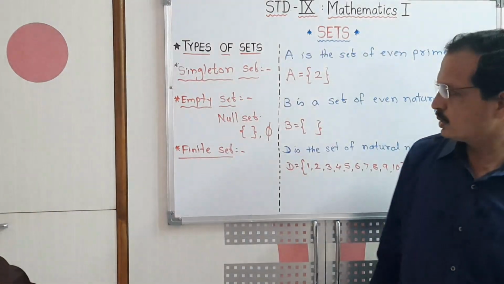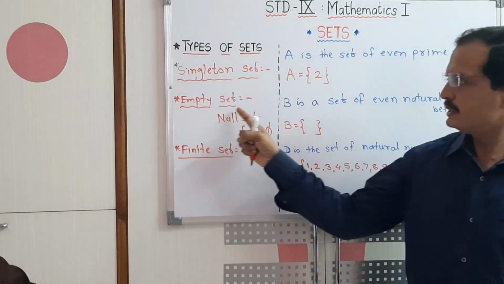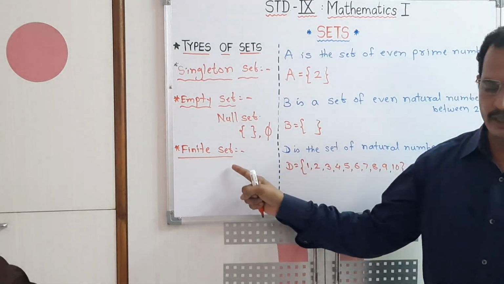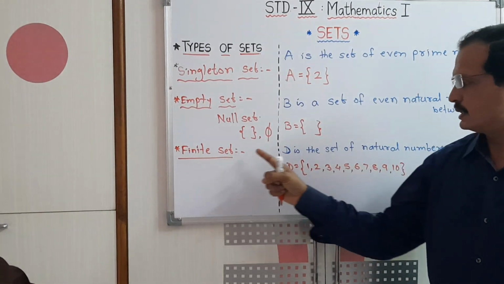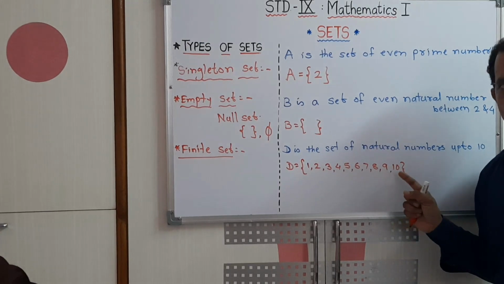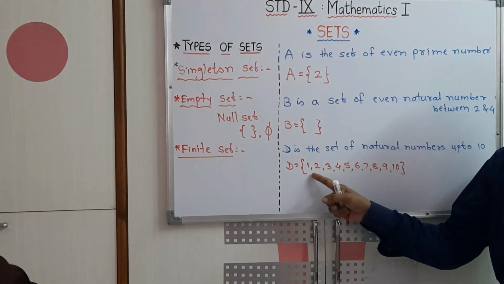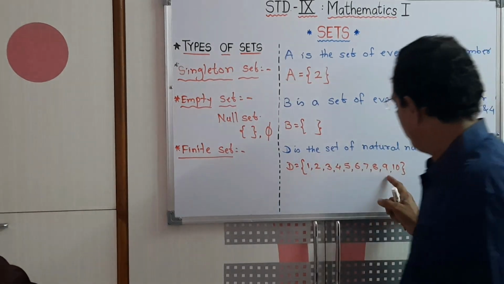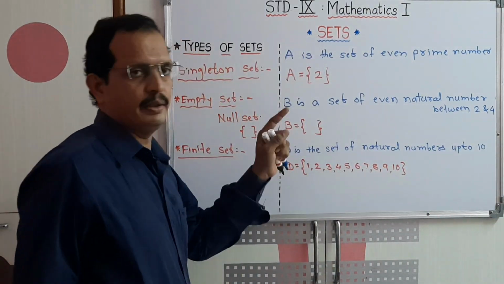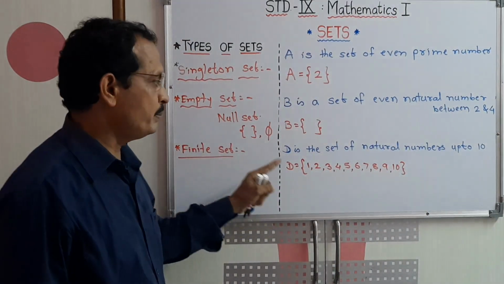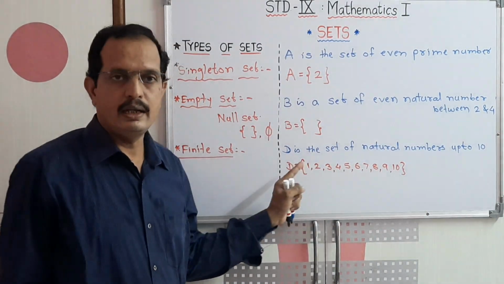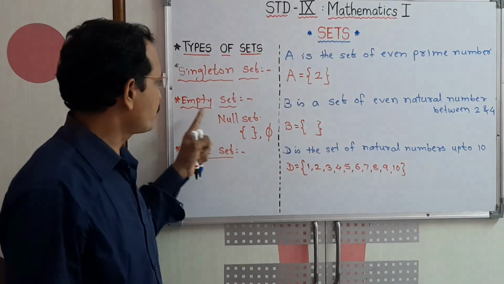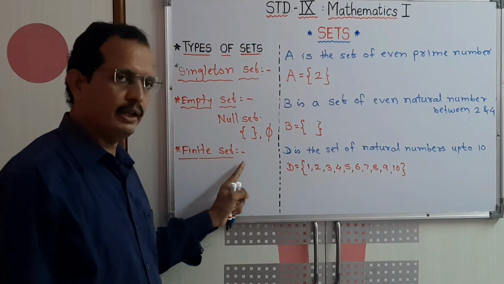Therefore, one most important property: an empty set is also called a finite set. In a finite set, the number of elements are countable as well as limited. That means when the elements are countable and limited, then such a type of set is called a finite set.